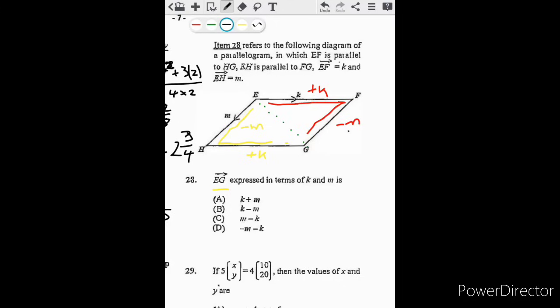We will have K minus M or minus M plus K. And the option that we have here is K minus M, which is B.